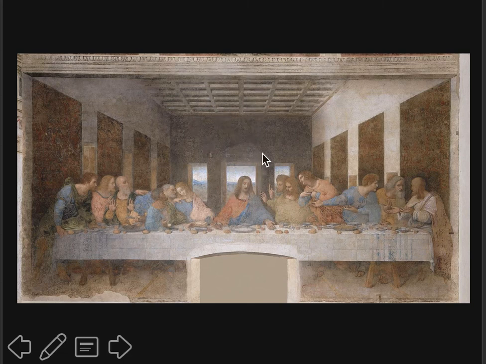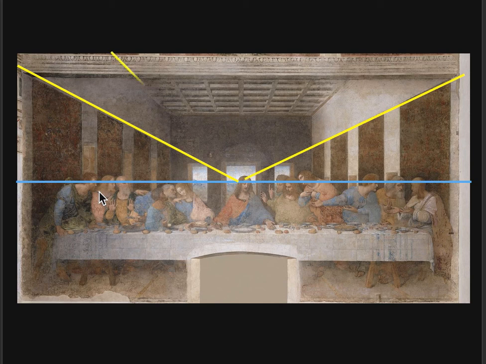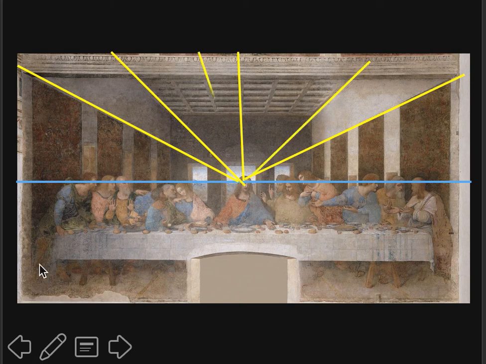And now I'm sure you've probably figured it out, but your vanishing point is right there on Jesus himself. And then if you look behind here, you can kind of see that horizon line. And even looking below here, look at the edge of the tables. They are going towards Jesus, so they are receding towards Jesus as well.